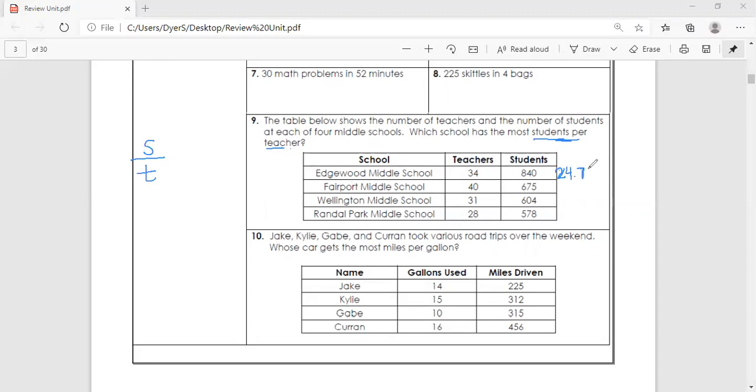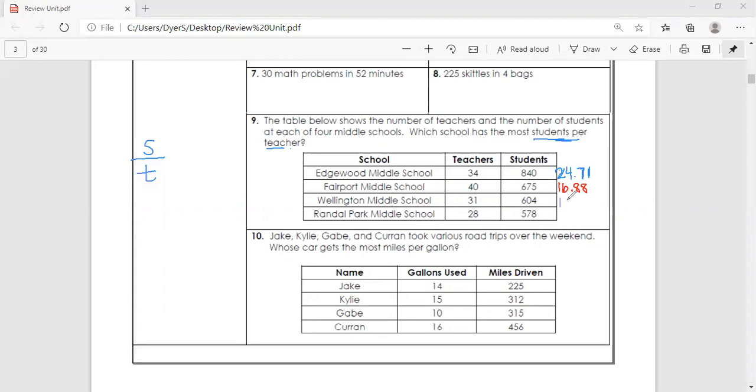Next, we're going to do 675 divided by 40, and we have 16.88. And then on the next one, we're going to do 604 divided by 31.